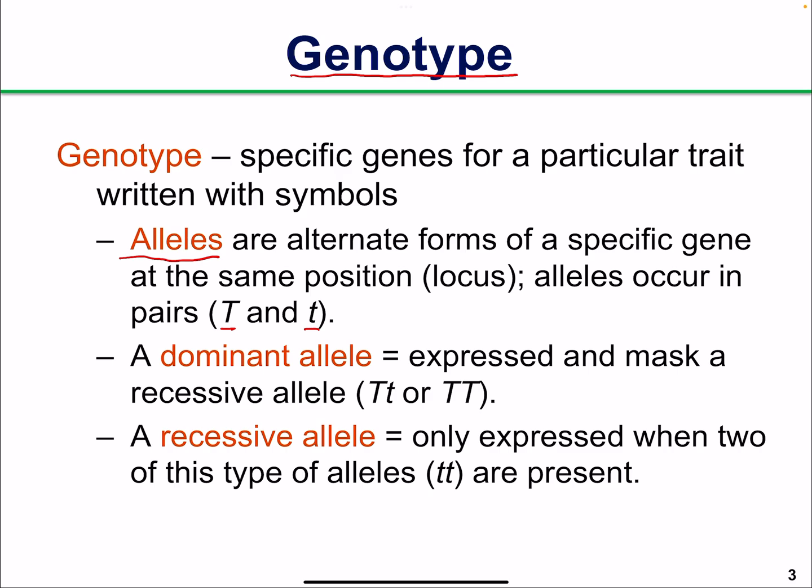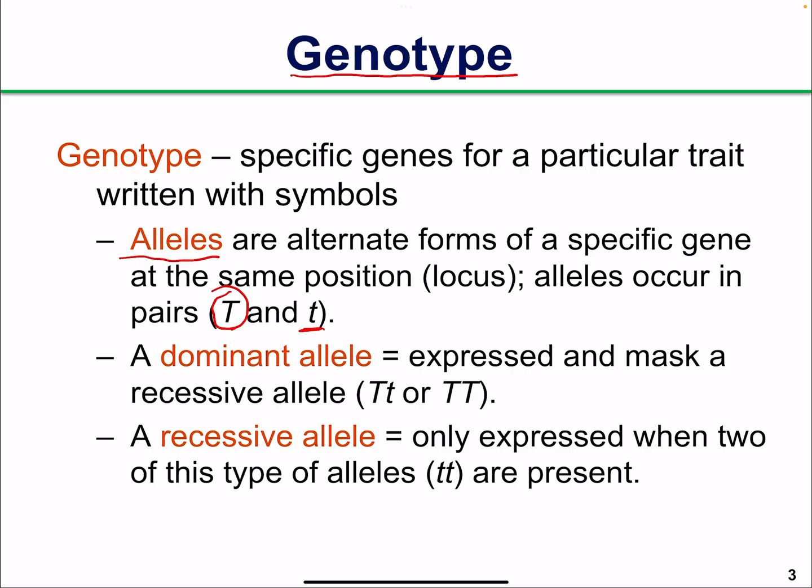I'm just saying anything right now, just for you to have an idea of what I'm talking about. So whenever we write capital T, that means that T is dominant. When we write lowercase t, that means that lowercase t is recessive.